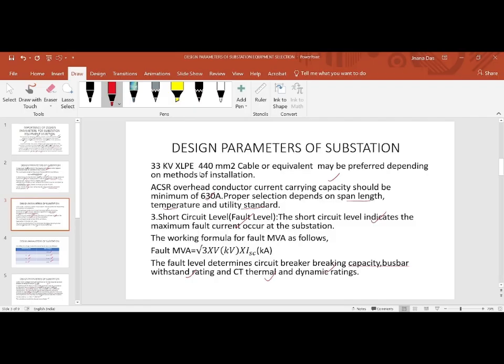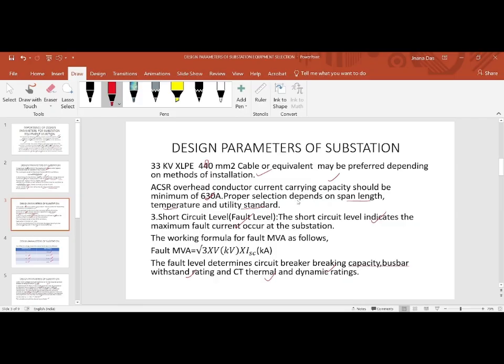A 33 kV XLPE 400 mm square cable or equivalent may be preferred depending on the method of installation. For an overhead conductor, the current carrying capacity should be a minimum of 630 ampere.